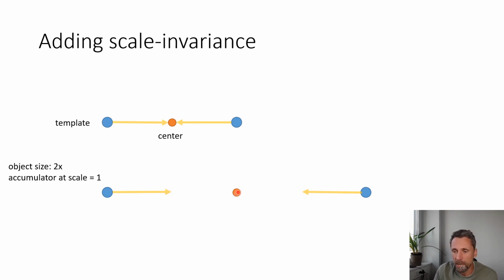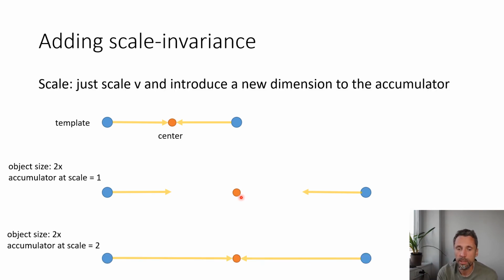They don't hit the correct center point. So what you can do is assume a certain scale of the object, for example scale 2, and scale those vectors, which would end up in them overlapping at the correct location.